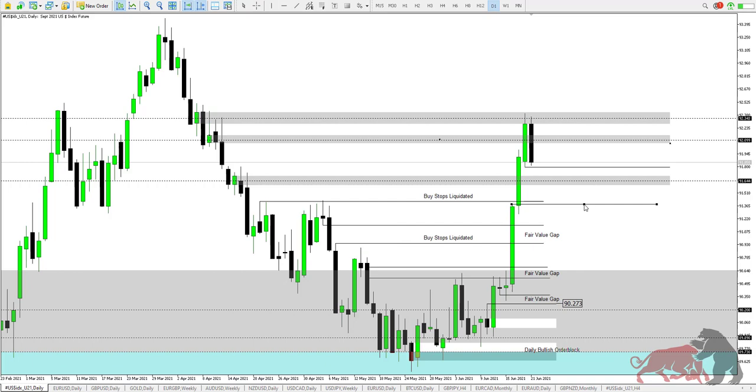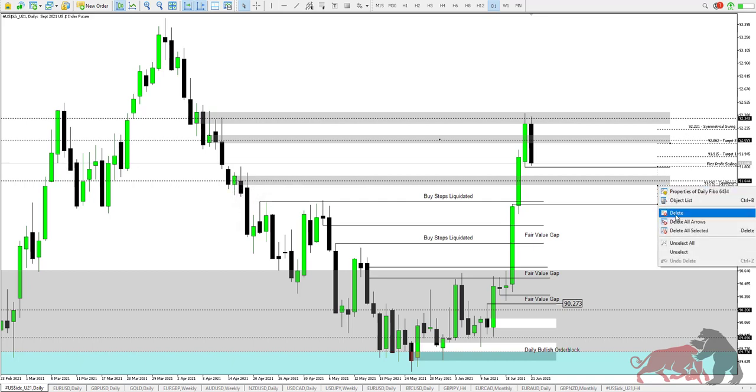And then right here, so we've got a fair value gap in this range, right? And if you look at it, the mean threshold of this range is coming in at right around 91.60. You see, 91.60, and that's just below the old bearish order block that was broken to the downside.